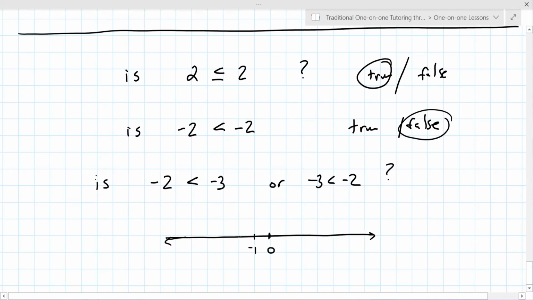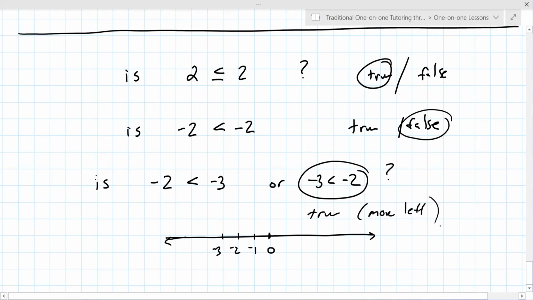Here's negative 1. Here's negative 2. I would just say it's the second one because negative 3 is more left. So this one is true because it's more left.